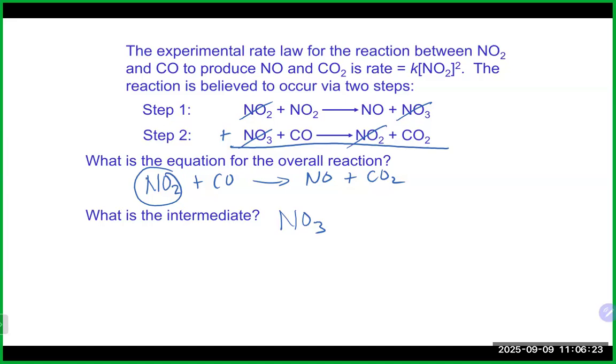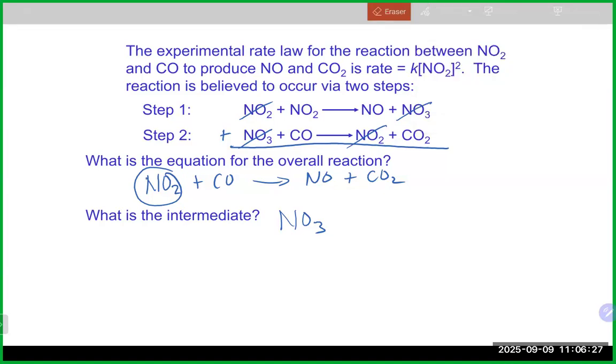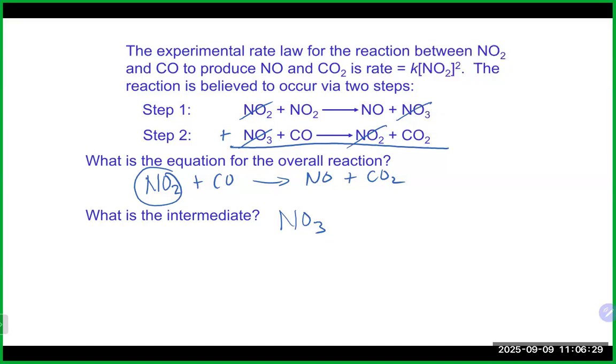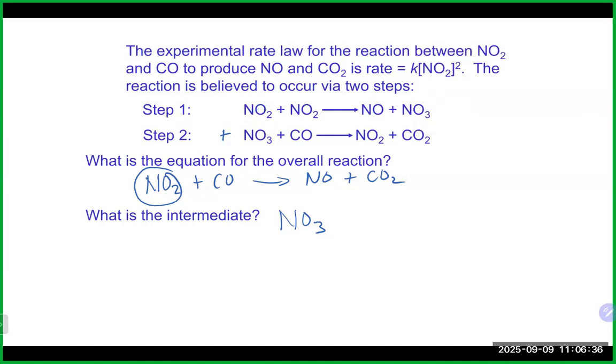Now, we have the experimentally found rate law given to us in the problem. Let's get rid of some of these crossouts so we can see that. So this is the rate law that was found experimentally, our observed rate law.